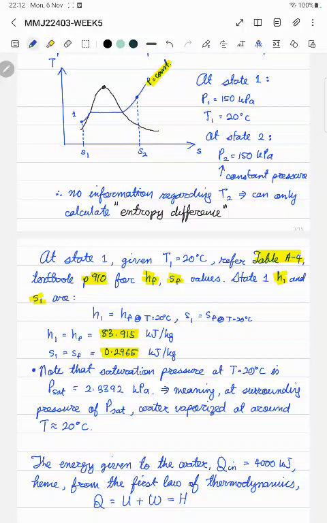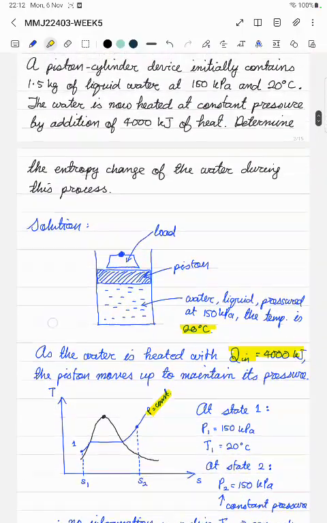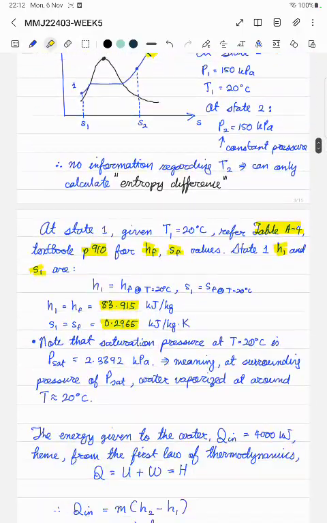I'm missing a Kelvin here. Let me correct that. Okay, now these are the values that we will use to calculate the change of entropy in this worked example. So, entropy change. All right.